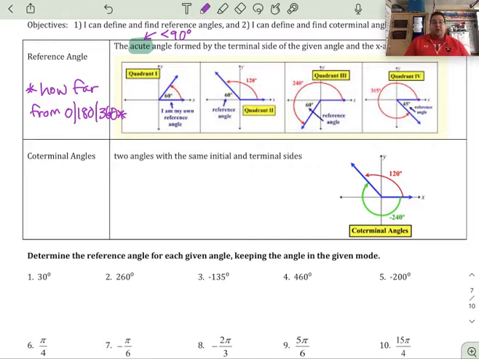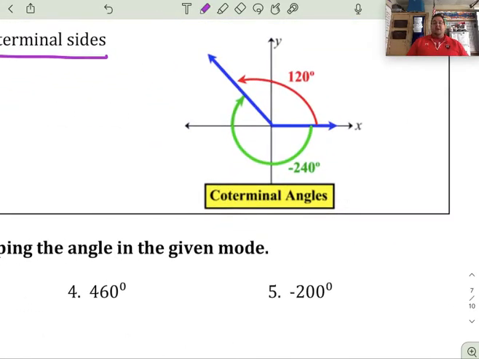Okay. Coterminal angles are two angles that have the same initial and terminal sides. So it's two different angles that start and end in the same spot. There are actually, technically, infinitely many coterminal angles, but we're going to limit it to one that's positive and one that's negative. So this picture right here is an example of two coterminal angles. The initial side is over here. We're starting at the vertex in the middle, right?